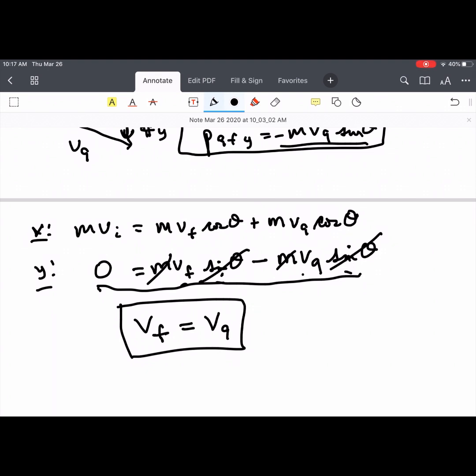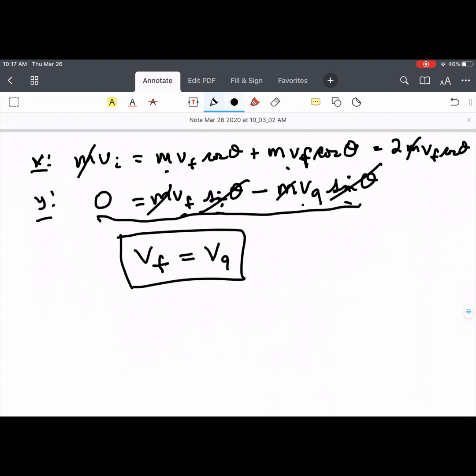We'll go ahead and make everything into v_f's. So for example, in this x equation, I now have m v initial is equal to m v final cosine theta plus m v final cosine theta, which is just 2m v final cosine theta. In this equation now, I can go ahead and cancel the mass. It's on both sides of the equation. So what I get is that v initial of the cue ball is equal to 2 v final times cosine of theta.